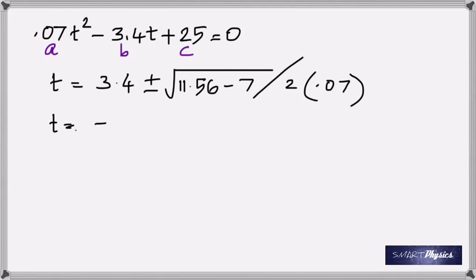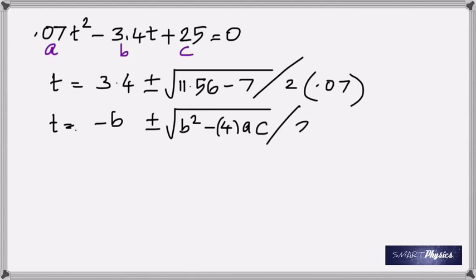It's minus b plus or minus the square root of b squared minus 4 times a times c, divided by 2a. So now you understand that since b is negative 3.4, that's why you got 3.4, because two negatives make a positive.